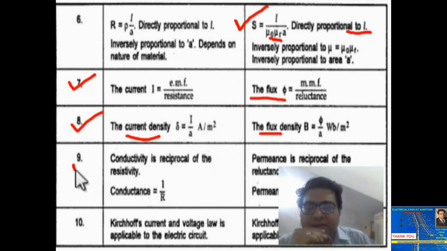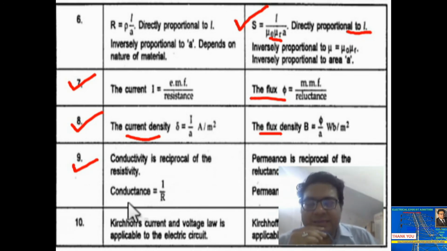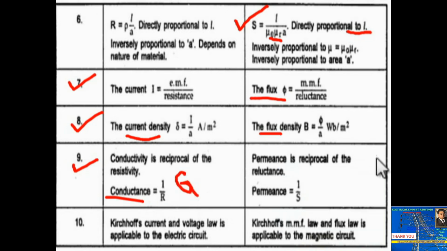Conductivity is the reciprocal of resistivity, and conductance is inversely proportional to resistance. Conductance is denoted by capital G, and permeance is the reciprocal of reluctance. So permeance is the permission to the flow of flux, but reluctance is the opposition to the flow of flux.